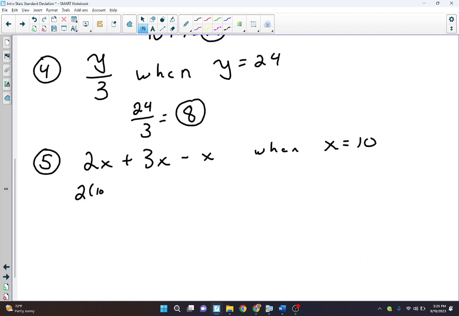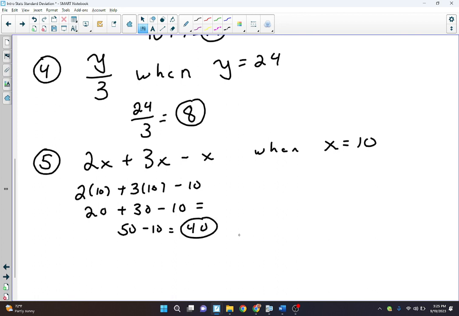So 2 times 10 plus 3 times 10 minus 10. 20 plus 30 minus 10. 20 plus 30 is 50, minus 10 ends up being 40. So 40 overall, okay?